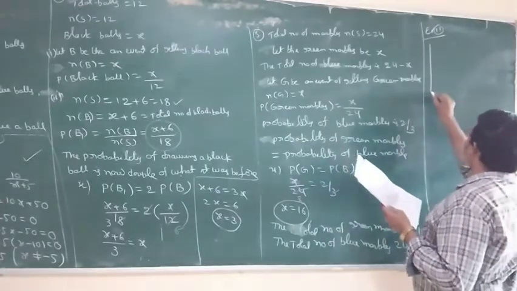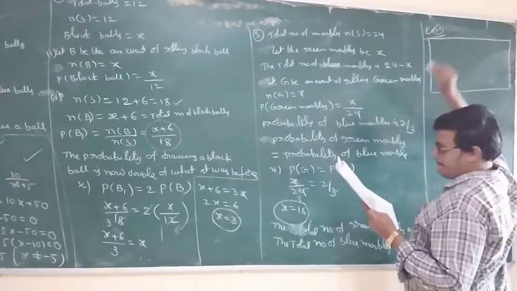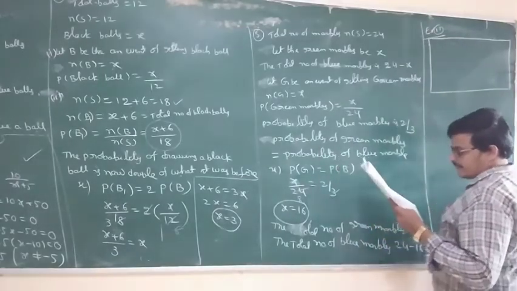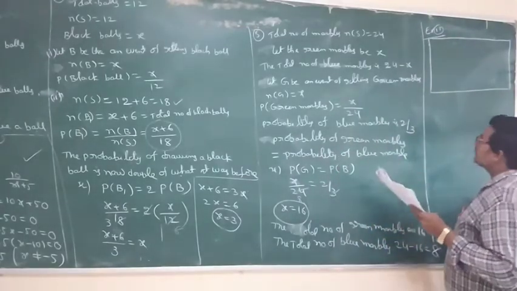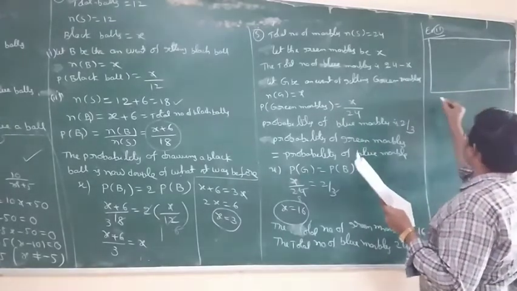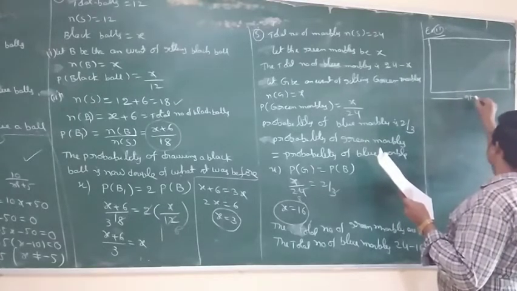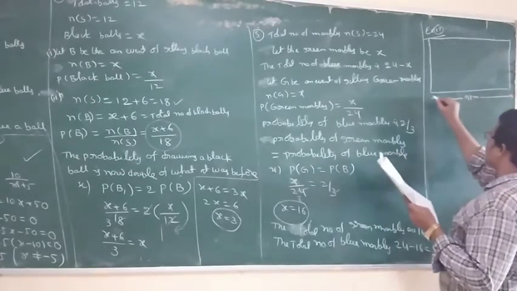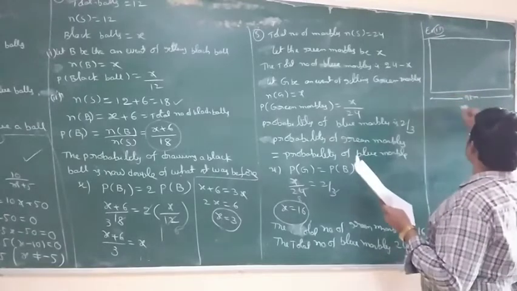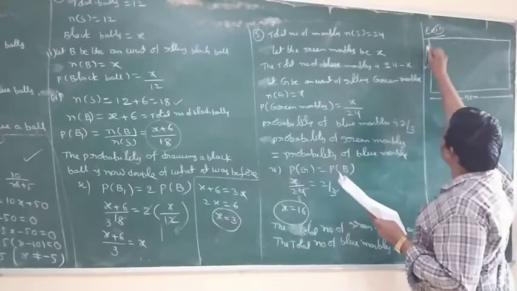So this is the lake totally. This is the rectangle region. The total length is 9 kilometers. This is the length. Breadth is 4.5 kilometers.